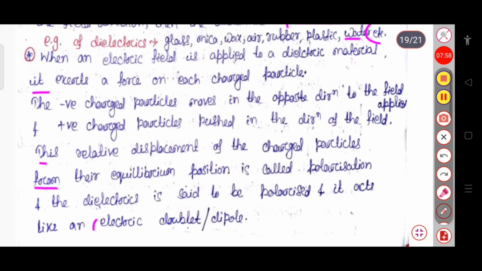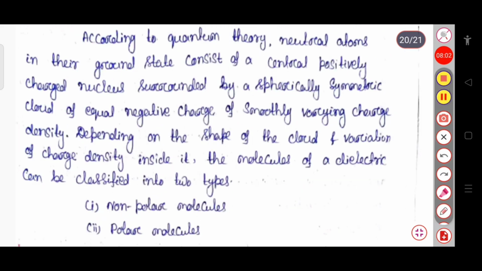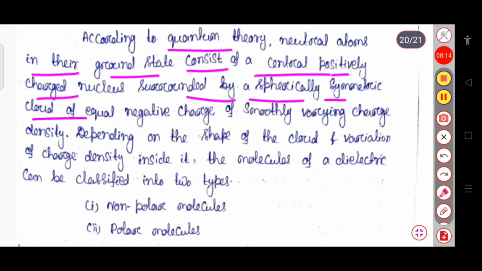Now see, according to the quantum theory, the neutral atom in its ground state consists of a central positively charged nucleus surrounded by a spherically symmetric cloud of equal negative charge of smoothly varying charge density.